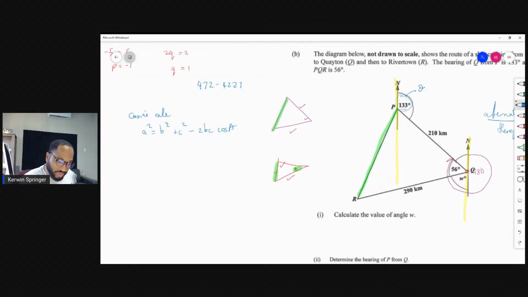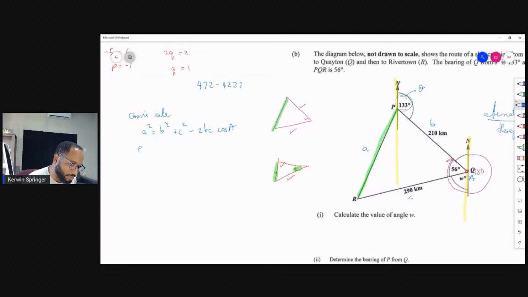So what is we doing with your life here? A squared is equal to B squared plus C squared minus 2BC cos A. A squared is PR, that is what we're trying to find. So this is like A, this is capital A over here, this is C, this is B. Y'all catch it? Or B, C, it doesn't really matter who wants to be B or C. So A squared is what we're trying to find.